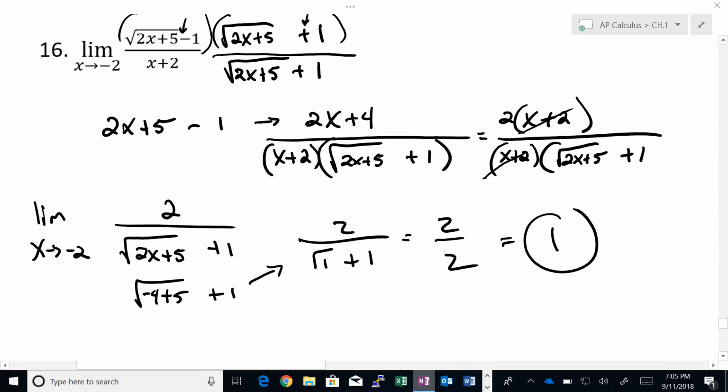Okay, so that was number 16. I'll let it sink in for a minute. Okay, we're going to jump to number 14.